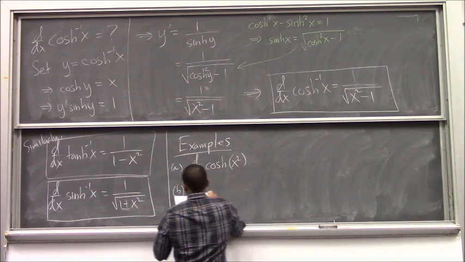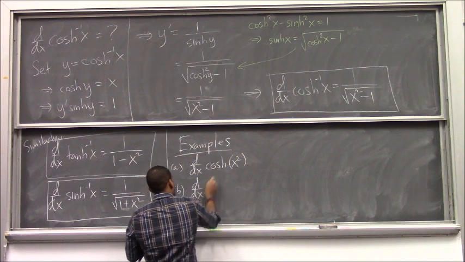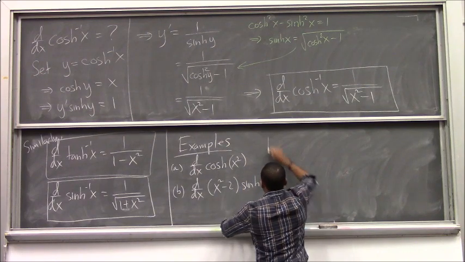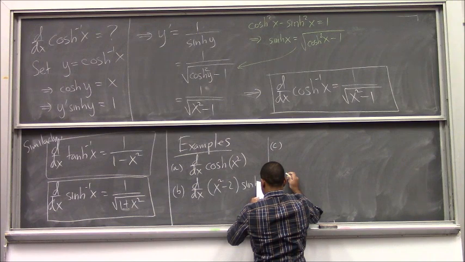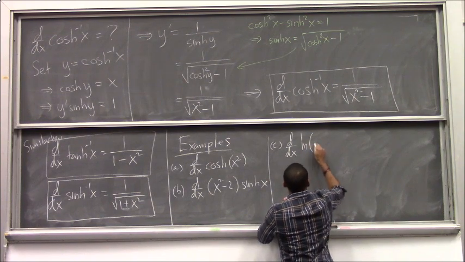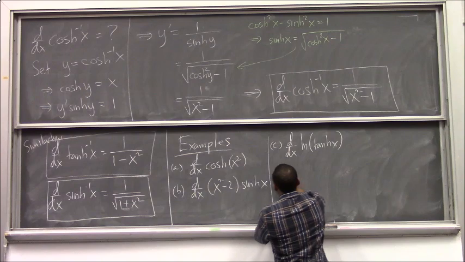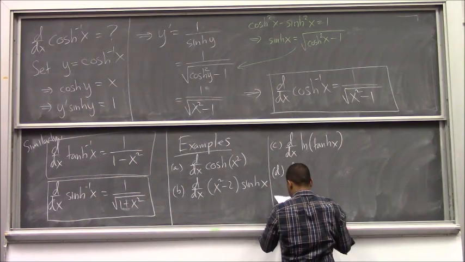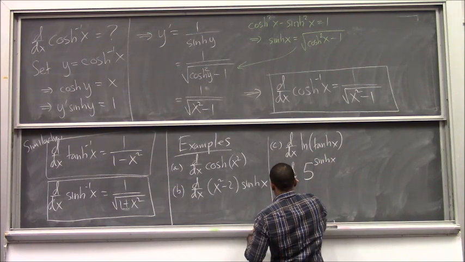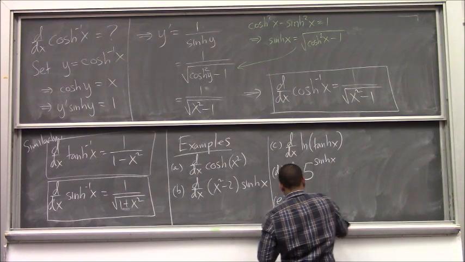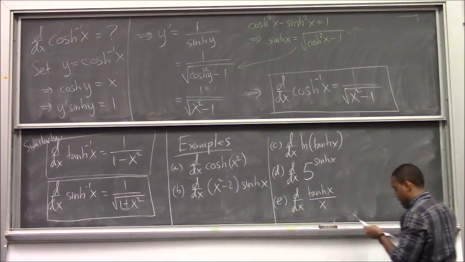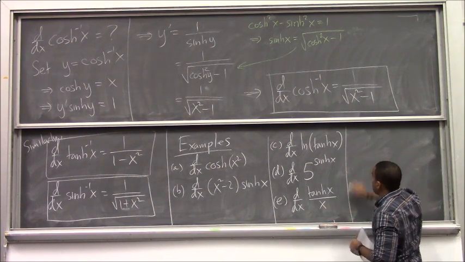Differentiate that. Differentiate that. So these aren't meant to be hard, they're just meant to get you used to the rules, as well as applying things like the product rule and the quotient rule, but having hyperbolic trig functions in play.